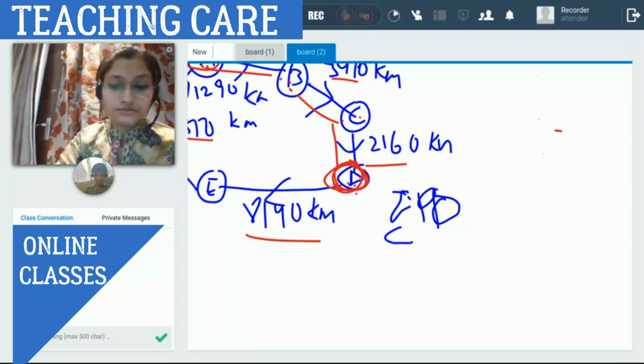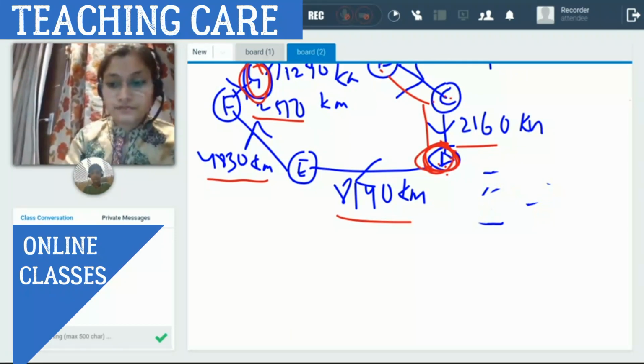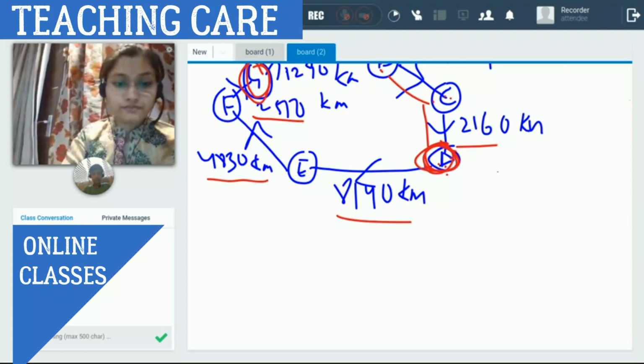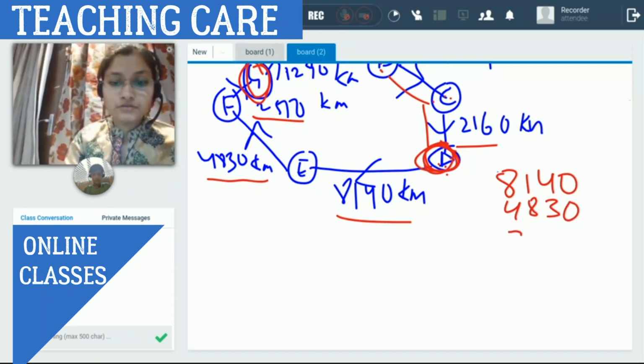I will write down the numbers for you. You just add them up. It's 8140, 4830, and 2510.